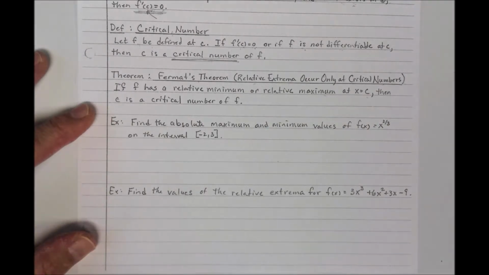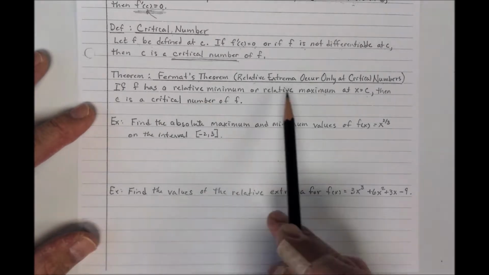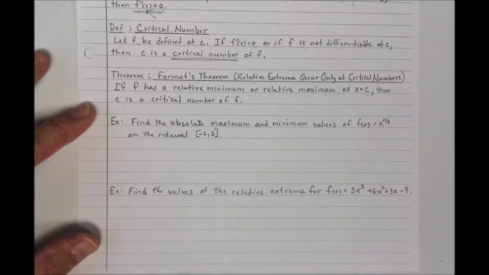Now, it doesn't say it the other way around. It doesn't say every critical number gives you a relative max or min, but it says if there is a relative max or a relative min value and it occurs at x equals c, then c has to be a critical number. So we're going to find critical numbers and get a list of them, however many there may be. There might only be 1, there might be 10.